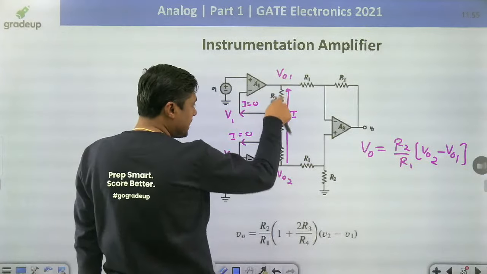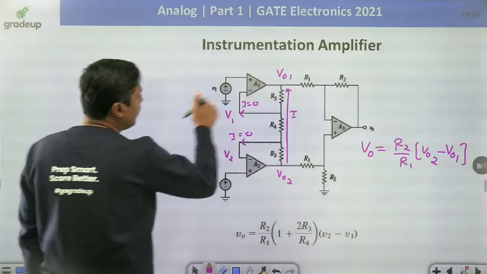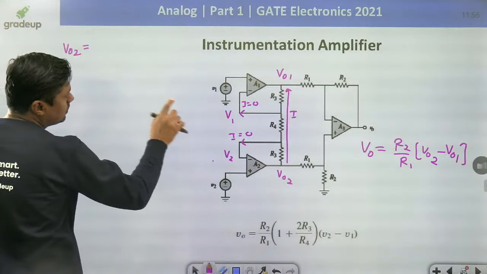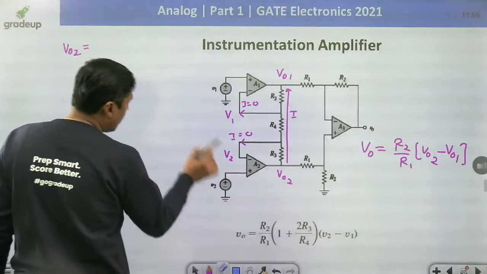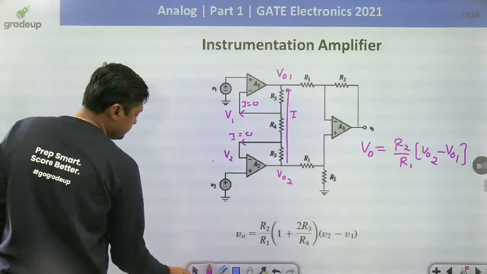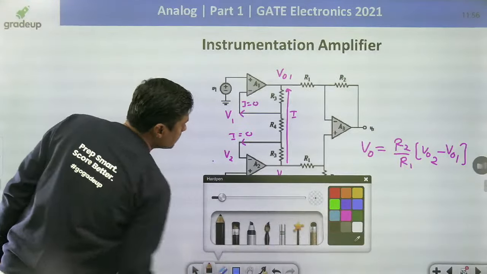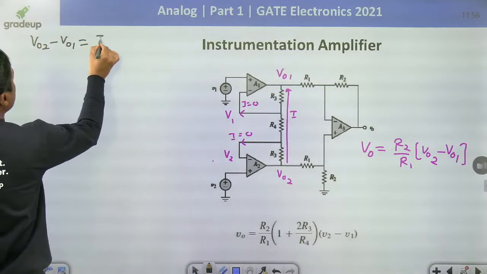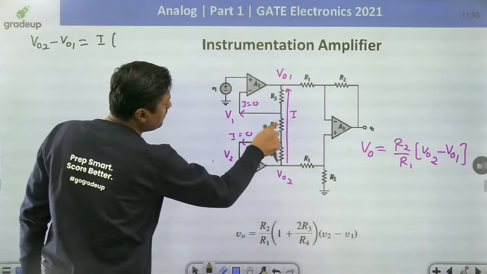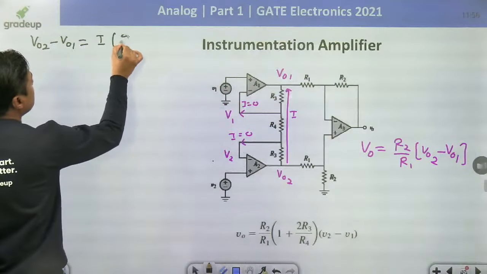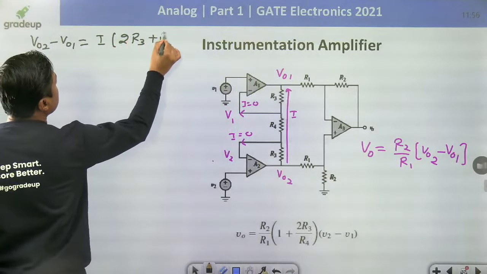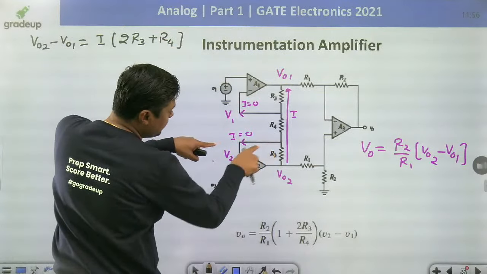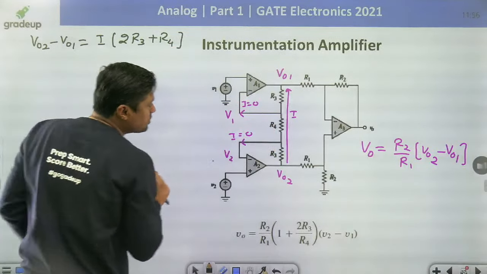And we can write the KVL here. So directly we can write from the network: V02 minus V01 is equal to I into (R3 plus R4 plus R3), that is nothing but 2R3 plus R4. And what is I? The voltage at this point is V2, by the virtual short concept, and the voltage at this point is V1.